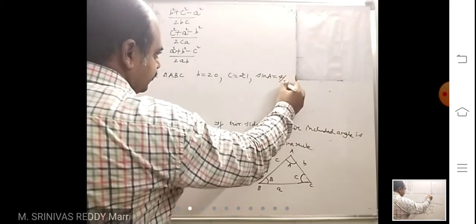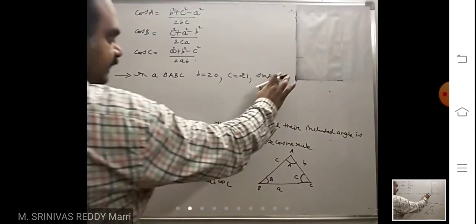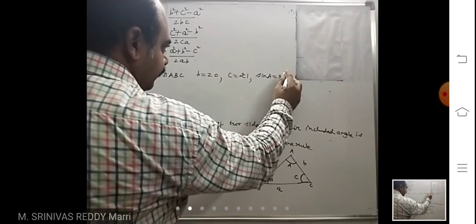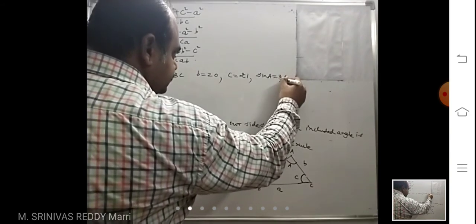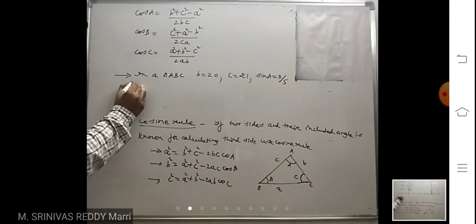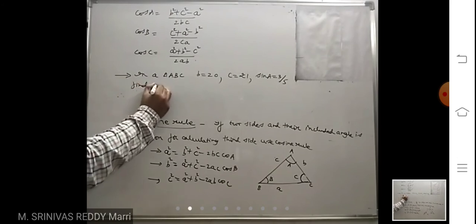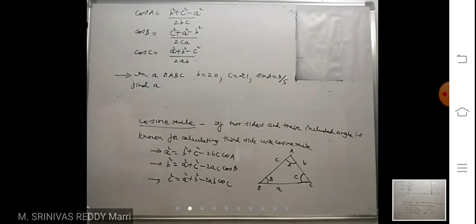Sin A is given as 3 by 5. Find A. This side length you have to calculate.